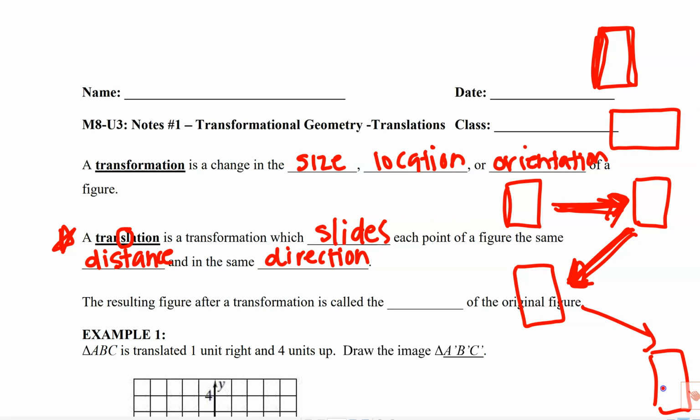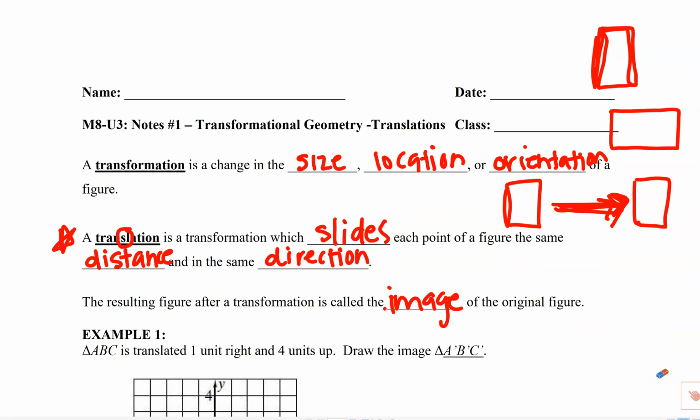All right, so the resulting figure after a transformation is called the image of the original figure. Now, the original figure is actually called a pre-image. So that's what it's called, a pre-image. So before, right? Pre. All right, so now I'm going to show you how you can translate figures.